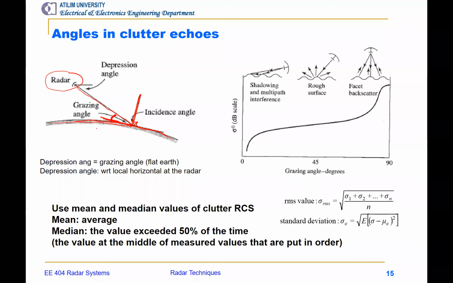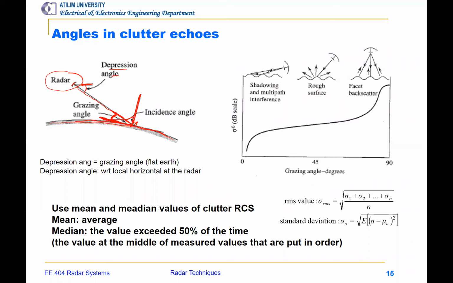If we take the Earth as a plane, then this tangential line is simply the surface of the Earth. Now, there is another angle, which is called the depression angle, measured from this line to the direction of the platform. As the Earth is not a plane, the depression angle is different from the grazing angle. And the incidence angle is measured from the line to this vector perpendicular to the surface of the Earth.